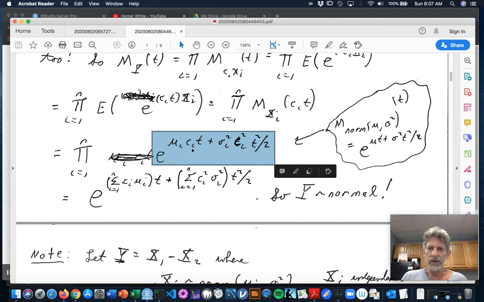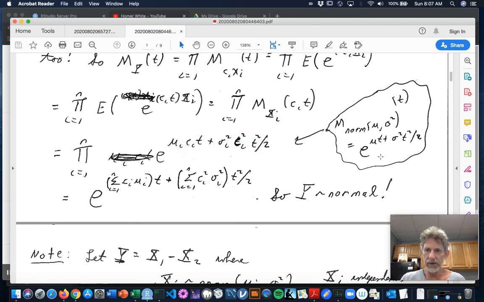I stick in a cit wherever there was a t in this formula, and I put in a mu i and a sigma i instead of a mu and a sigma, and I get this stuff. The ci squared t squared is when I square out the cit.